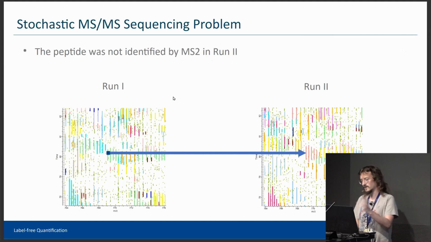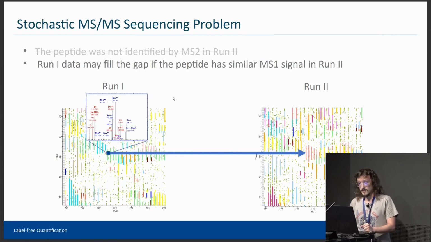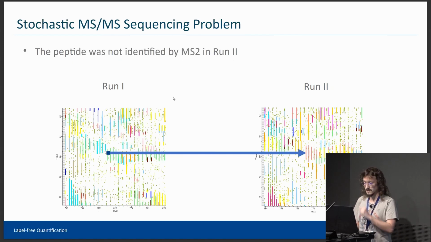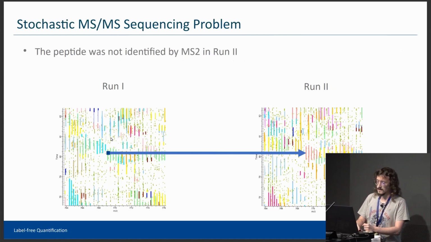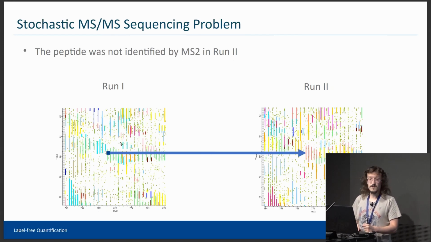So what you do is align them, but on top of that, as was said also before, this allows you to get some further information from the MS2. So imagine that we had this peptide in MS1 that has been fragmented in run number 1, but not in run number 2.